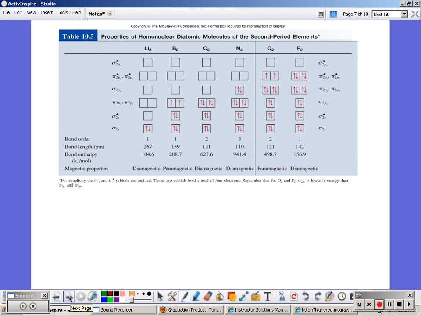So Li2, if we have 2 lithium atoms coming together, they would have sigma 1s squared, sigma 1s antibonding squared, sigma 2s squared. If we look at B2, we don't really need to continue to do the 1s because we're really only looking at valence electrons.